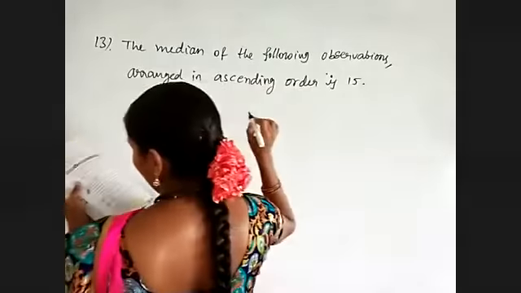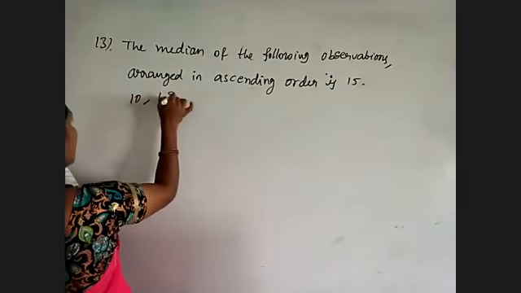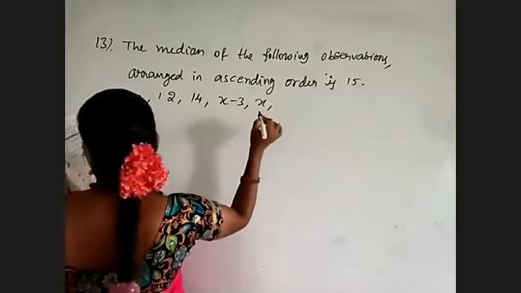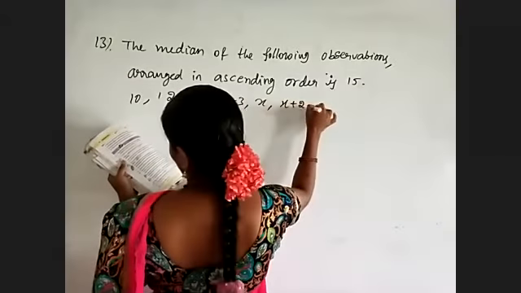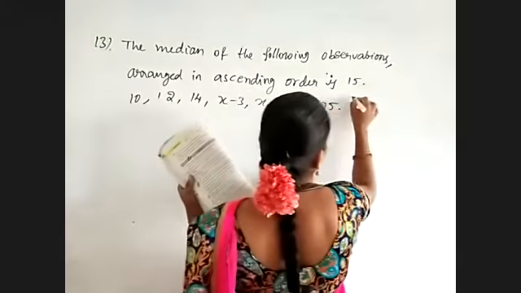Okay. Then the observations are 10, 12, 14, x minus 3, x and x plus 2, 25. Then find x.